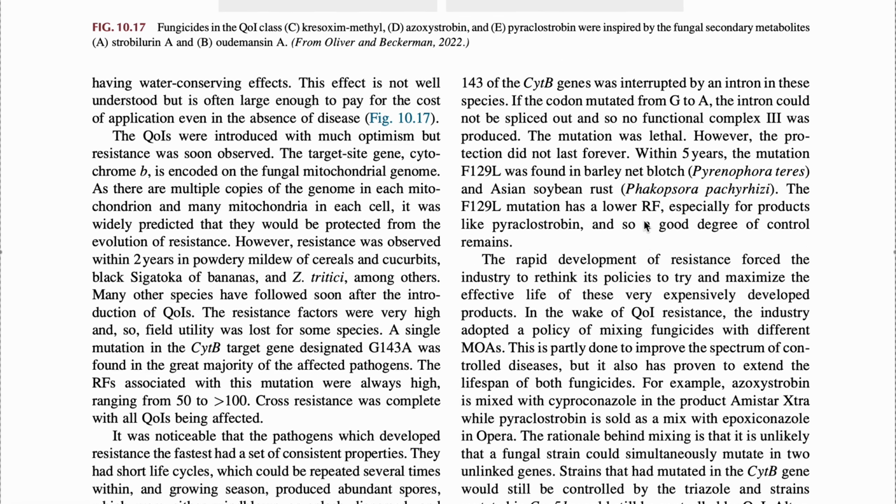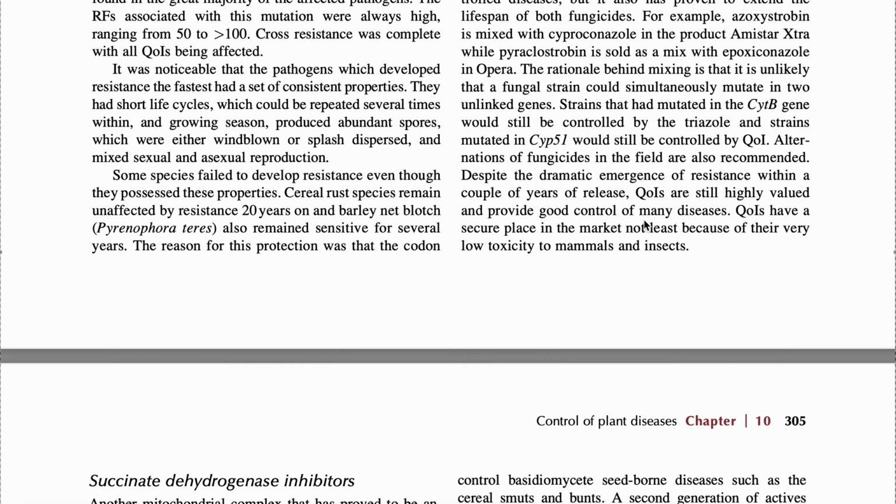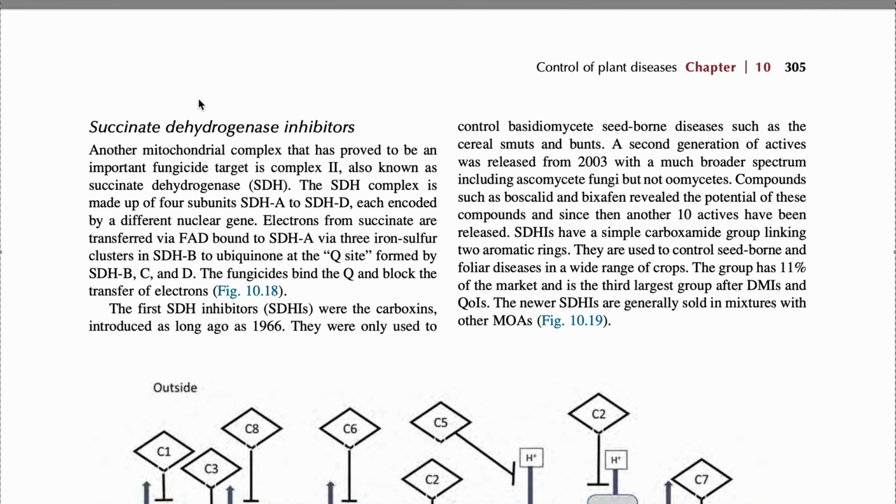Next is succinate dehydrogenase inhibitor. Another mitochondrial complex that has proved to be an important fungicide target is complex 2, also known as succinate dehydrogenase. The SDH complex is made up of 4 subunits, SDHA to SDHD, meaning A, B, C, D, each encoded by a different nuclear gene.